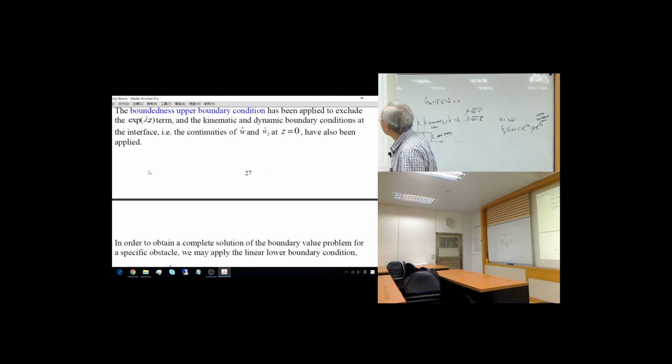Anyway, we have discussed those before. Now you can substitute the lower boundary condition, which applies at g equals to mass h, where the mountain is.